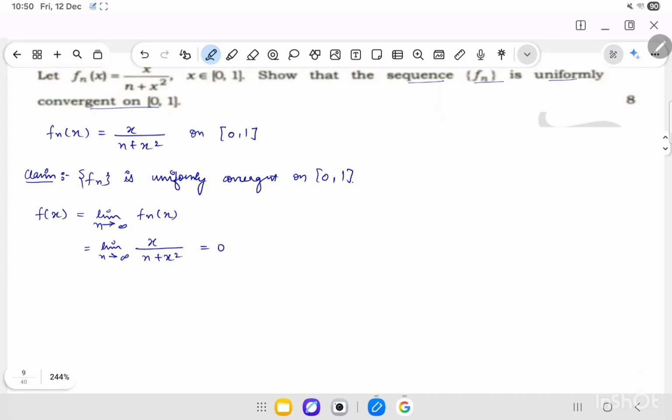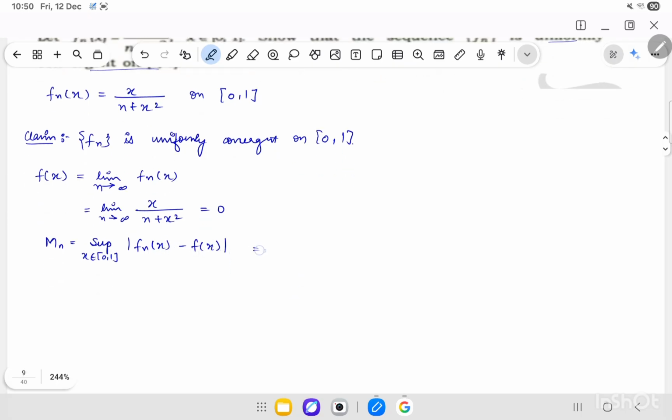So if I evaluate Mn, it will be equal to the supremum over x belonging to the closed interval [0, 1] of the absolute value of fn(x) minus f(x). So it will be the supremum of x divided by n plus x square minus 0, that is, the supremum of x divided by n plus x square for x in [0, 1].